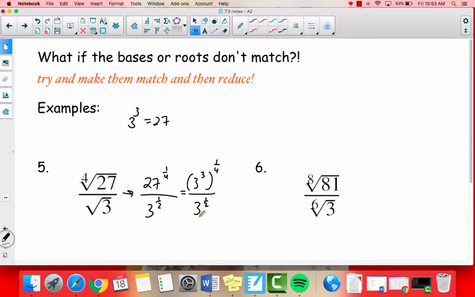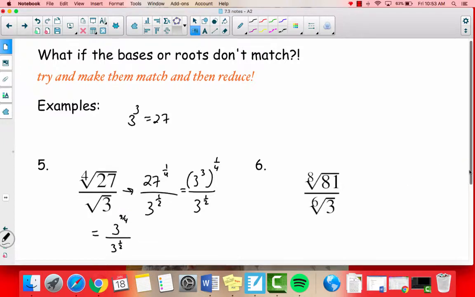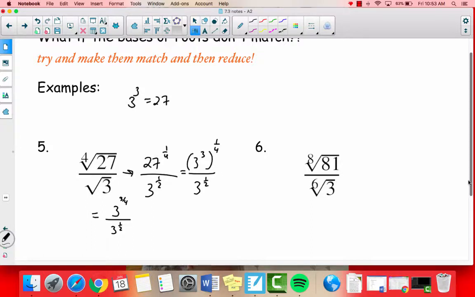Now I can use some exponent rules. I've got a power to a power on the numerator, so when I have a power to a power, I can multiply. So 3 times 1/4 is 3/4. That's going to get me 3 to the 3/4 over 3 to the 1/2. And because my bases are matching now, I can use my exponent rules for division, and that says that when I'm dividing the same bases, I can subtract my exponents.